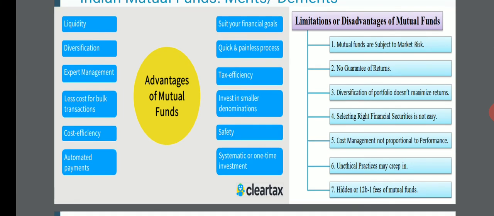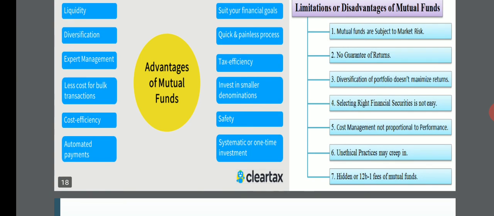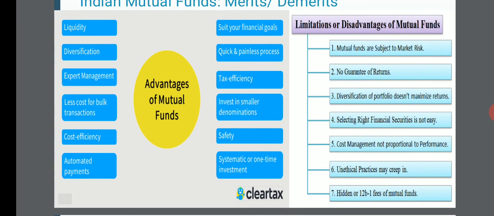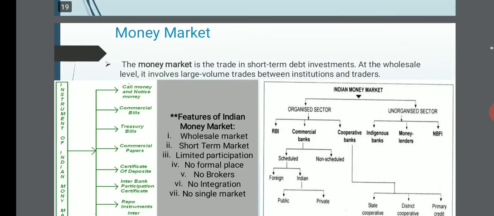We have come across a lot of frauds happening where these companies take up the money and then they suddenly just fly away from the market. Hidden or 12B1 fees of mutual fund. So there are some hidden charges or some 12B1 fees of mutual funds sometimes.